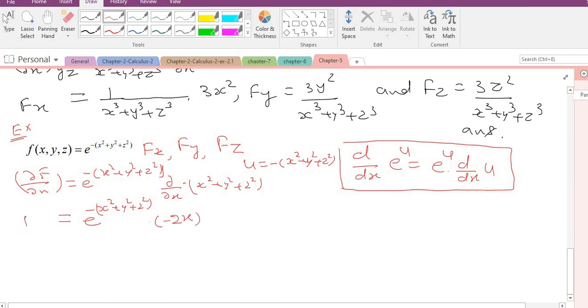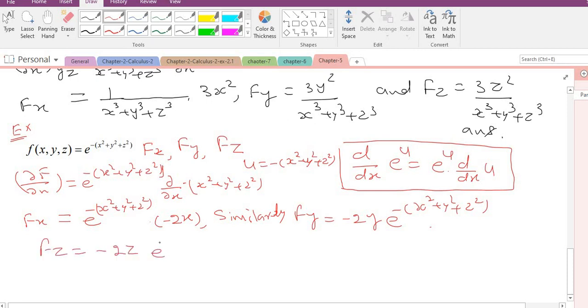So this is our f of x. Similarly, f of y is minus 2y e power minus x square plus y square plus z square, and f of z is minus 2z e power minus x square plus y square plus z square. We can write f of y and f of z similarly by using this concept and the chain rule.